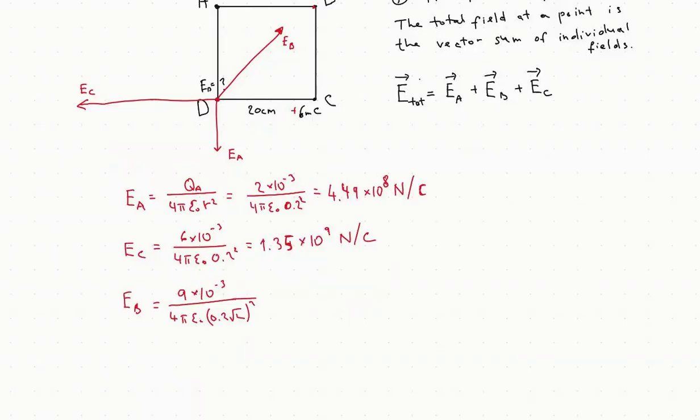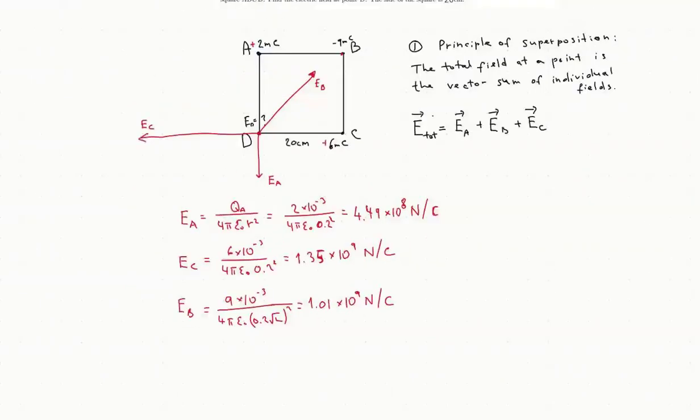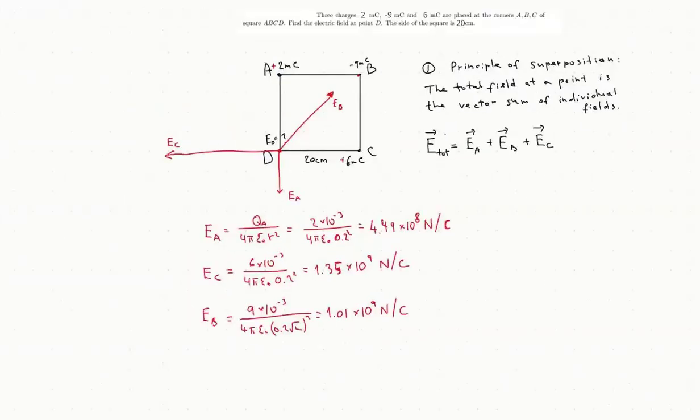And so we can do this by 9 over 4 pi epsilon 0 times 2. And that would be 1.01 times 10 to the 9. And as I said, yes, it's going to be slightly less than EC. Just because even though the charge is bigger, the distance is bigger as well. Okay.